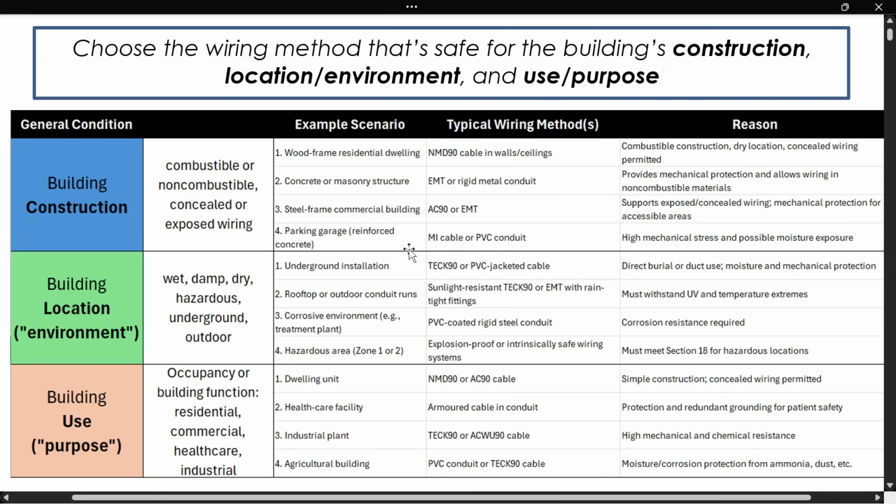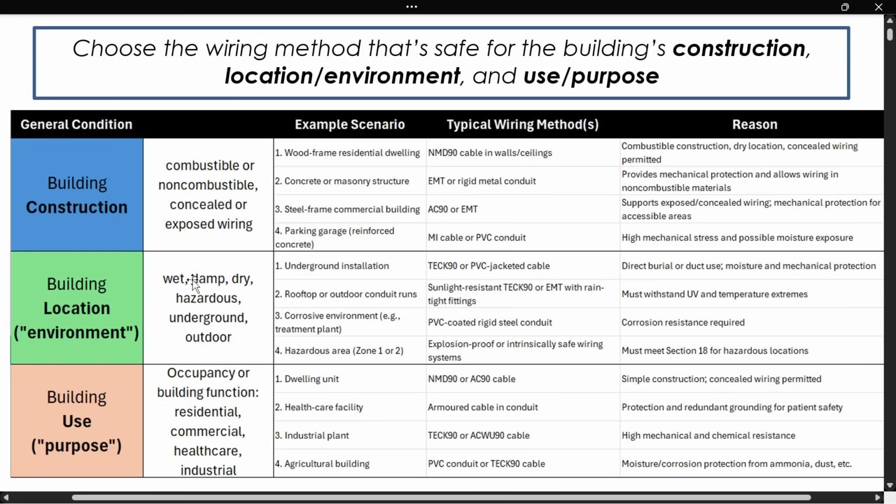In a parking garage, in both locations, there are high mechanical stresses and possible moisture exposure. So then you're considering something like PVC conduit. So it's very important to note that the construction decides how much physical protection your wiring is going to need.